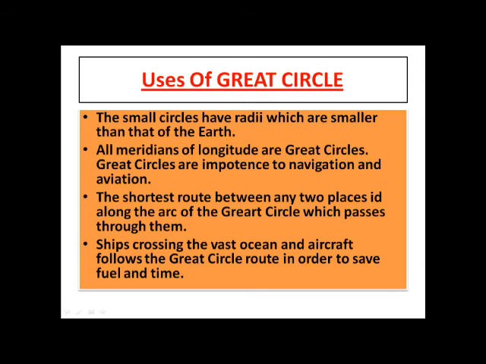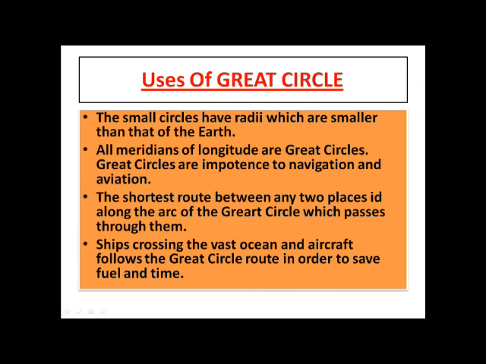Ships crossing the vast ocean and aircraft follow the great circle route in order to save time. The great circle route between two places can be easily found using the globe. Mark the two places and connect them. Suppose we talk about London and Tokyo: a string stretched between these places on the globe is going to be the shortest route between London and Tokyo.